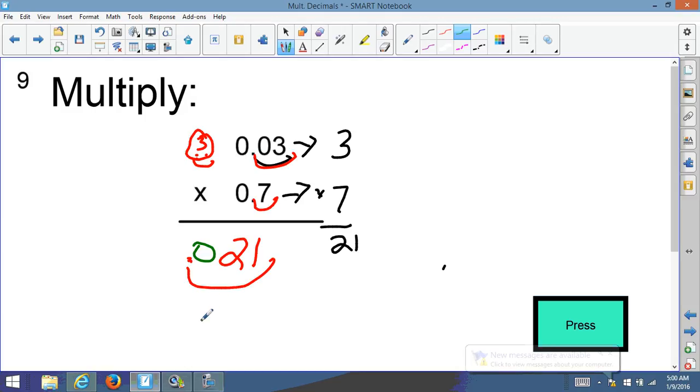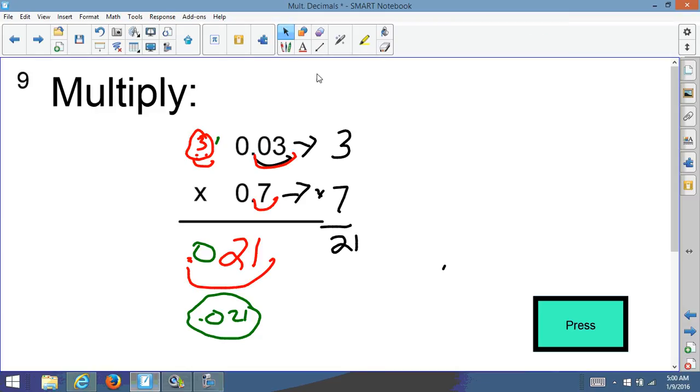So my answer is going to be 0.021. Notice I have 3 numbers behind. It looks almost like it's 21, but because we multiply by decimals, it ends up being a decimal answer. So our answer is going to be 0.021.